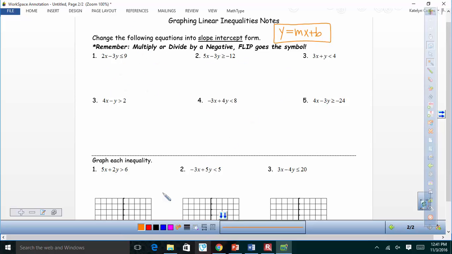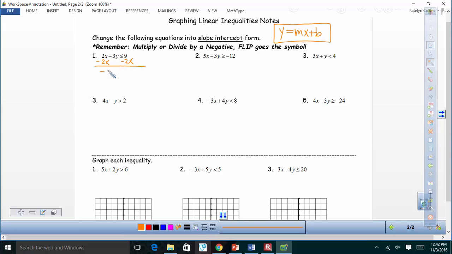So number one, if I want to get y all by itself, then what I need to do is subtract the 2x from both sides. So we subtract 2x from this side, subtract 2x from this side.